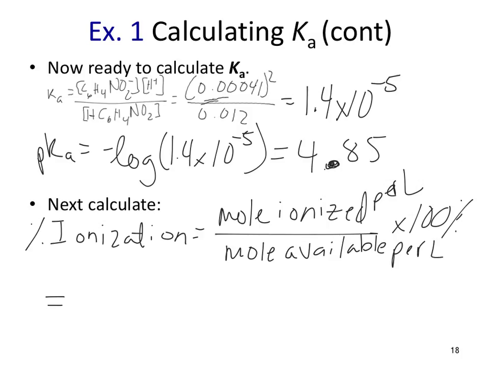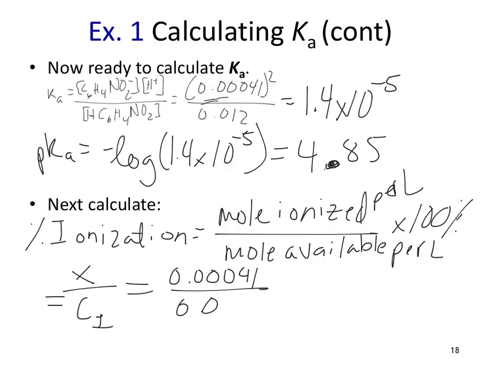So for this one, what we're going to do is X over C initial. And so that's 0.00041 divided by 0.012 times 100%, and we get 3.4%. So almost 3.5% of the acid molecules dissociate.